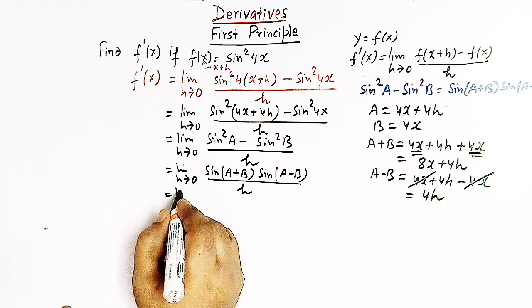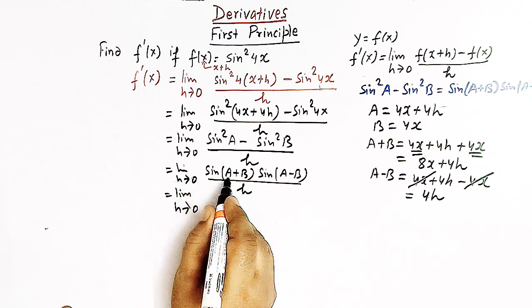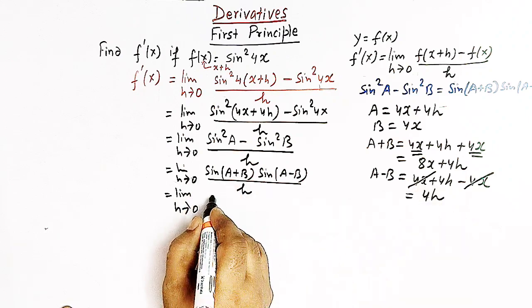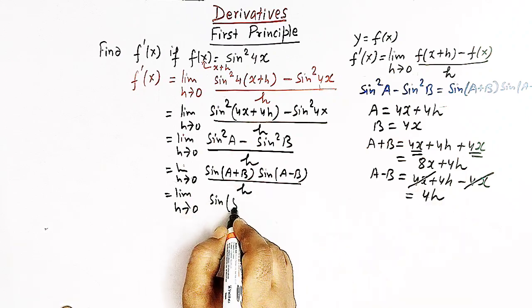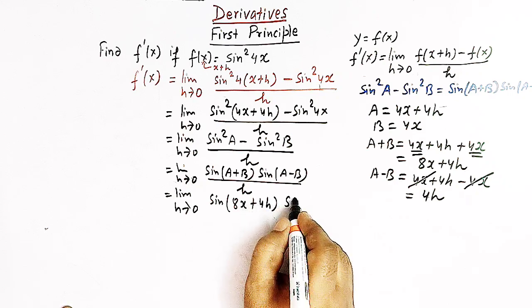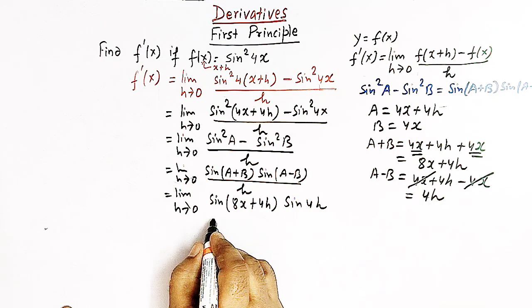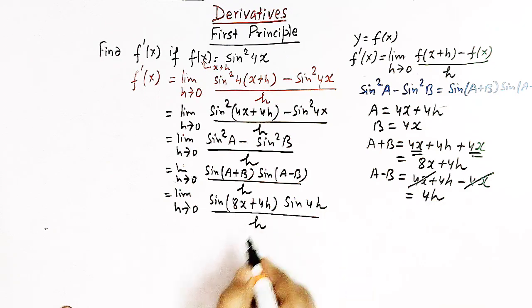So now we have a limit h tends to 0, and here for sine a plus b we have sine of 8x plus 4h. Then we have sine of 4h because a minus b is 4h, and here we have h.